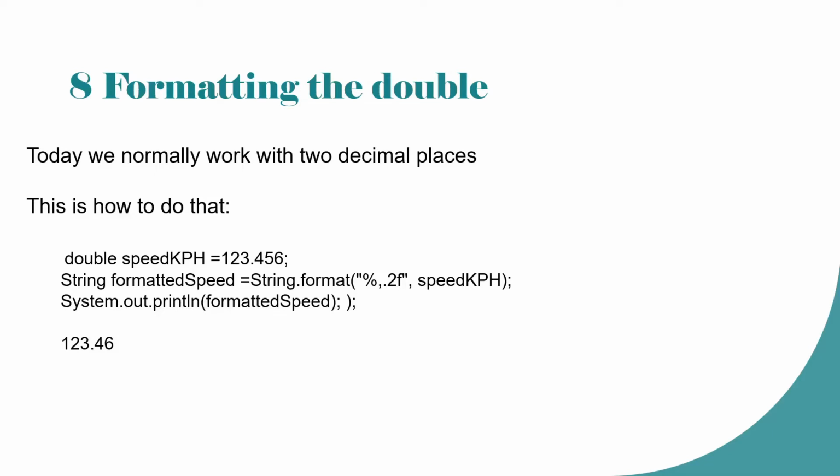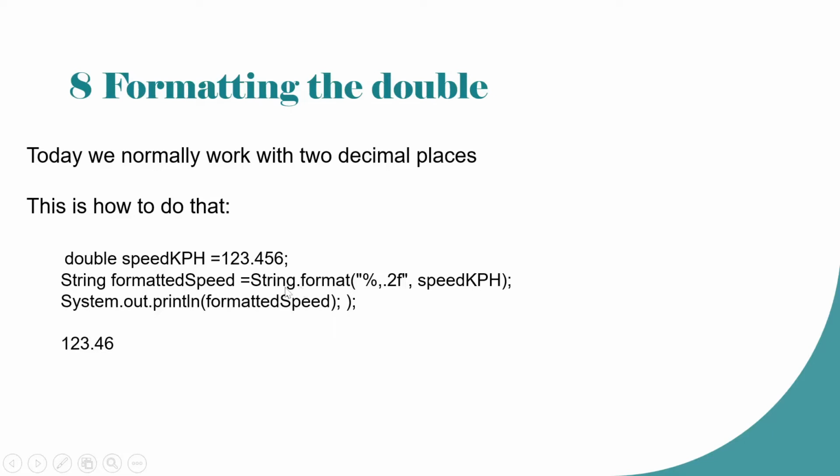So what we are doing is we are taking the double variable speed, and it's 123.456 kilometers. You see that? Or miles per hour, whatever you want to call it. But that's the value. Look, there's 3 decimal points. And I may want to format it to have 2 decimal places.